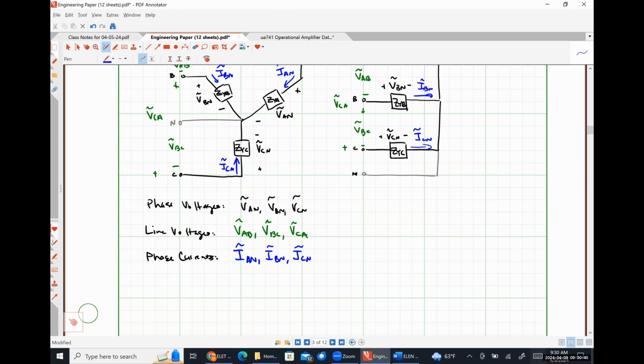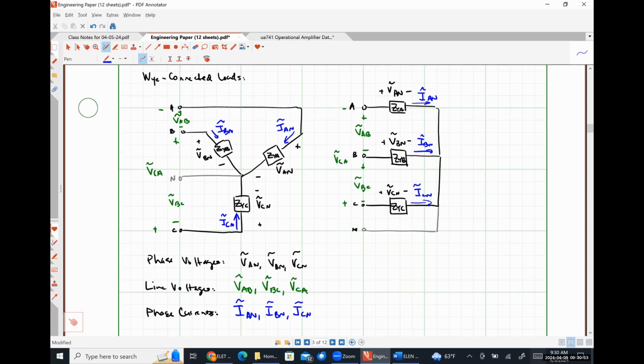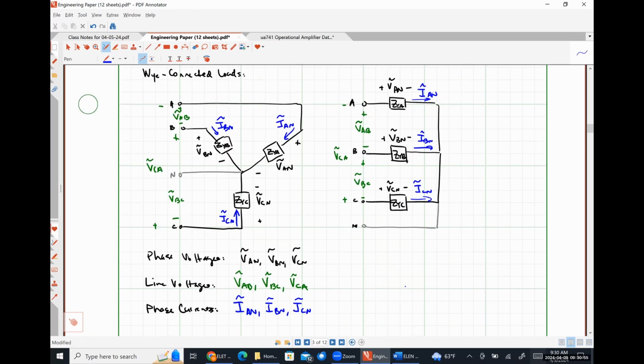So once again, here, nothing more than what we saw with our voltage source, just moving over to the load side of things. Sure. And let me know if you can't read my city penmanship.